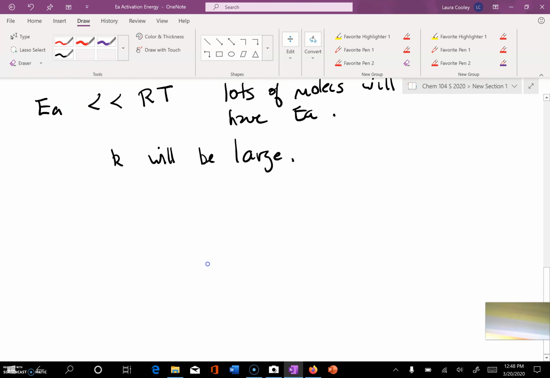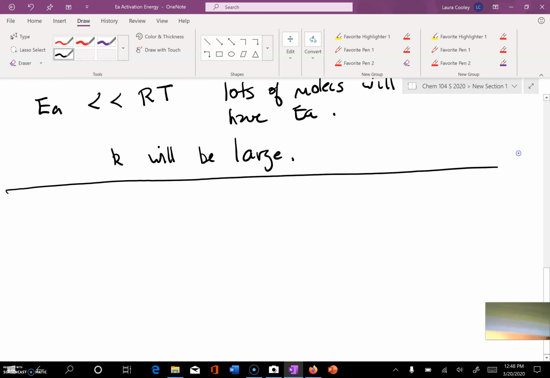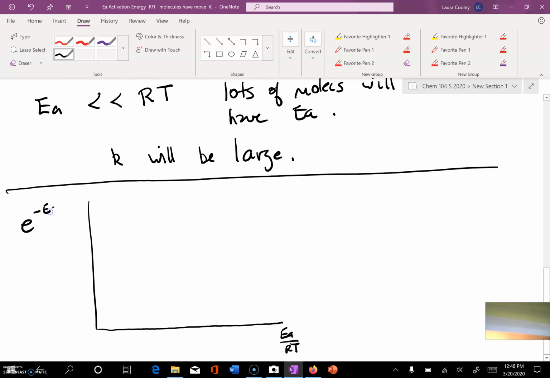Okay, so how does this work with the graph? Because I spent so long telling you about that graph, I really would like to use it and show you something. So here's that graph. Here's EA over RT, and here's e to the minus EA over RT. The curve looks like this, and the maximum is 1 here.